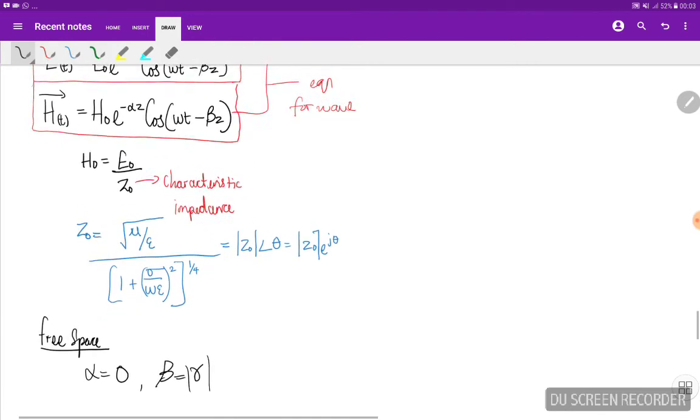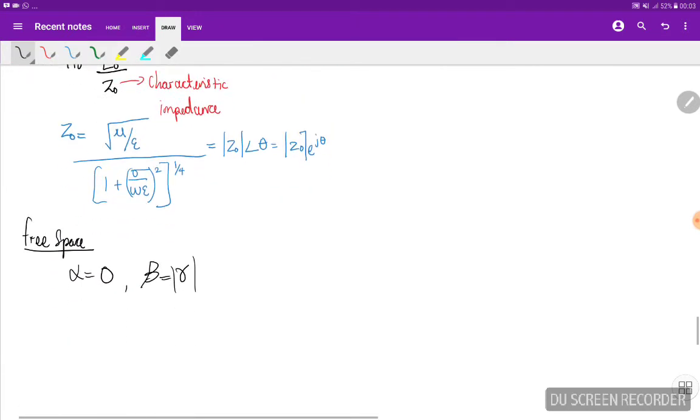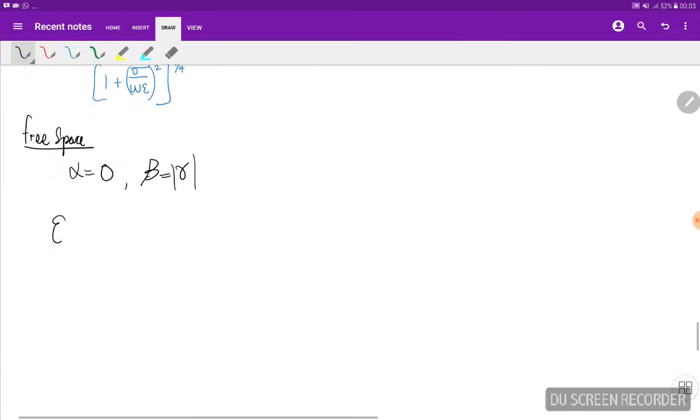So if alpha is equal to 0, then E naught e raised to the power minus alpha z is E naught e raised to the power 0, which is just E naught.